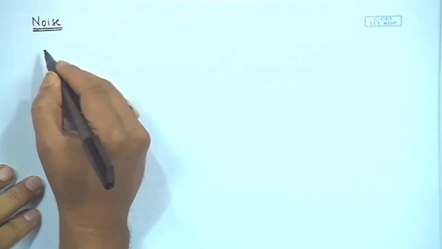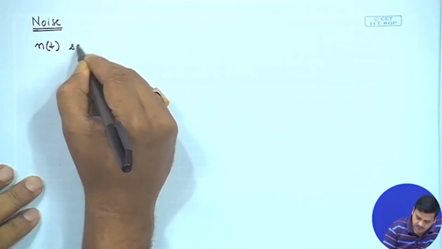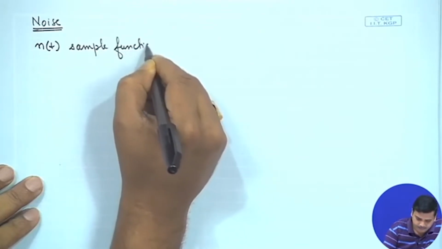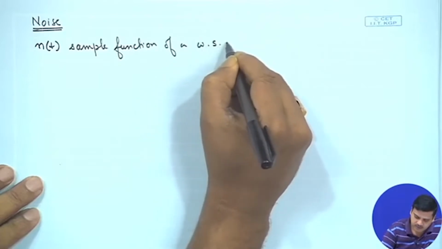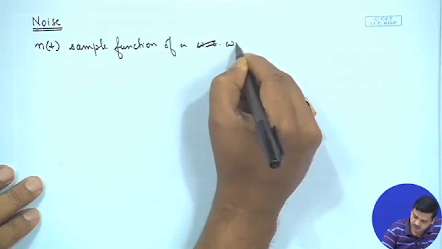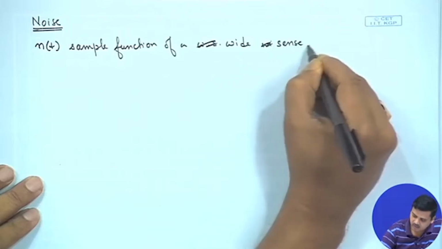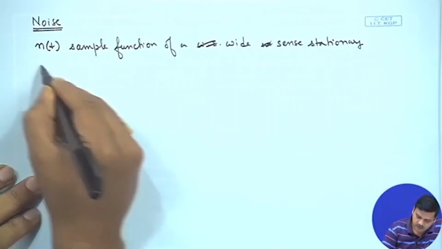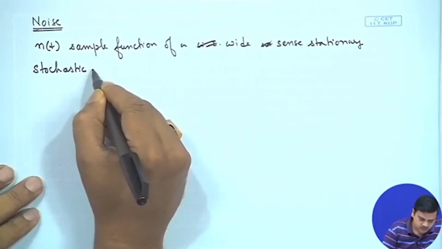So, what we will consider is, let n(t) be a sample function of a wide sense stationary stochastic process.